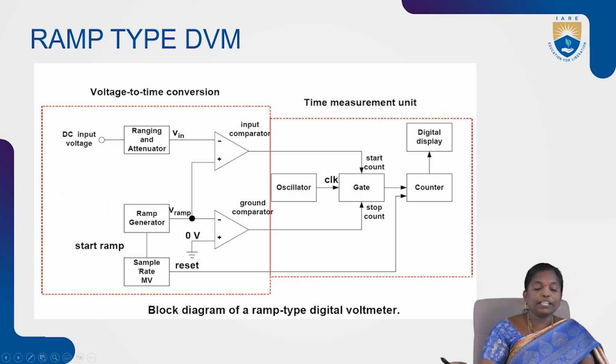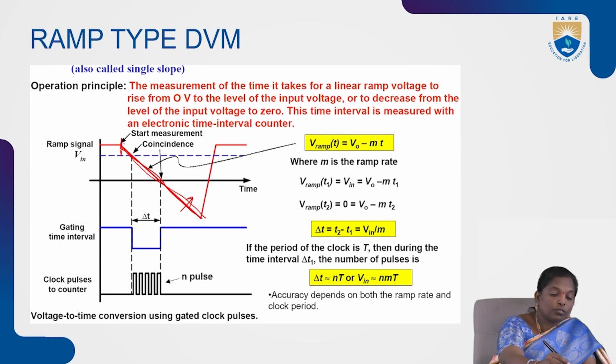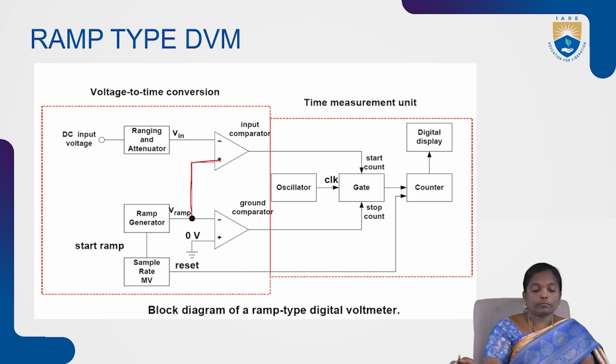The negative going ramp signal is given as one of the inputs to the comparator, and the other input to the comparator is the DC input voltage.